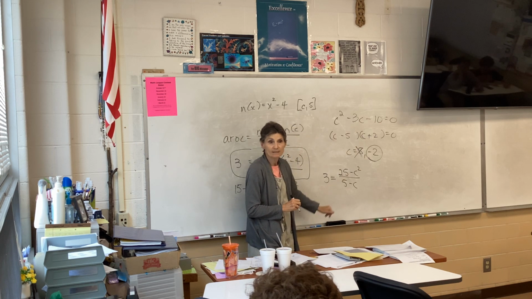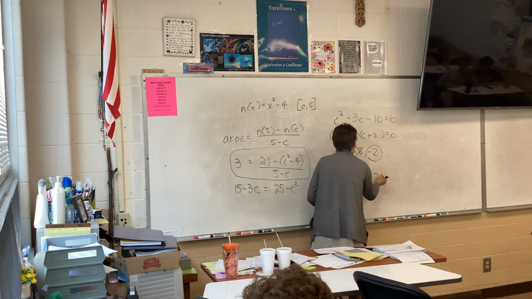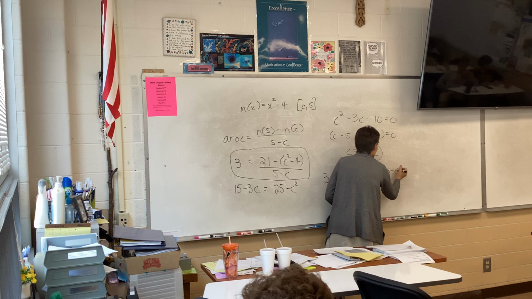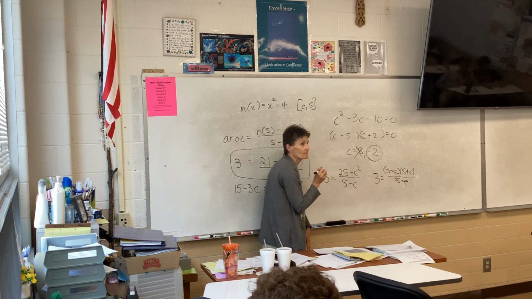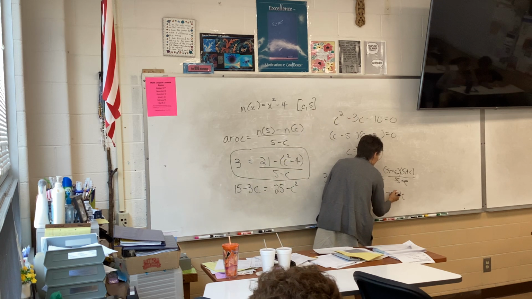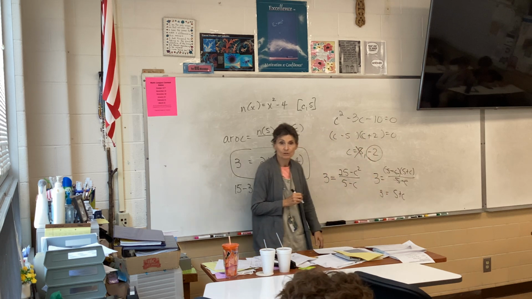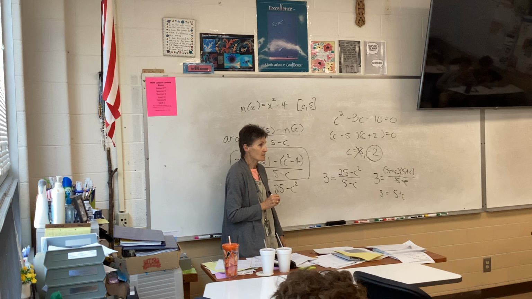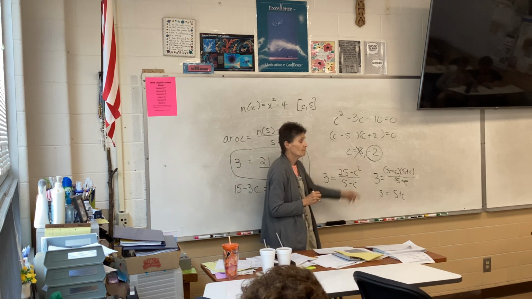It factors into the difference of squares, and so I'll have 5 minus C, 5 plus C, over 5 minus C. I can cancel that and just solve the equation 5 plus C equals 3, which is going to give me negative 2 without the extraneous part. Doesn't matter. As long as you remember to take this one out, it doesn't matter.